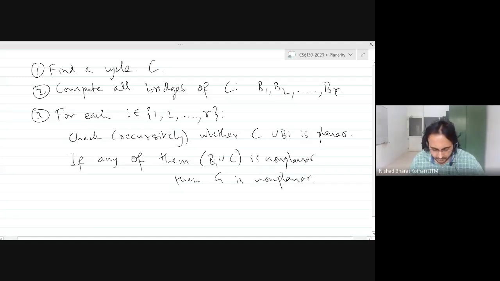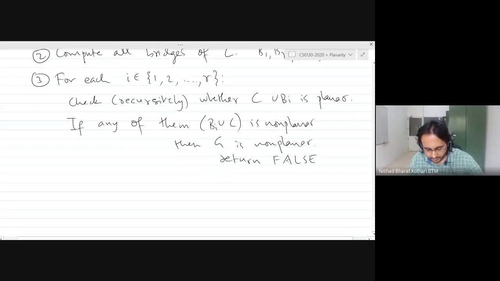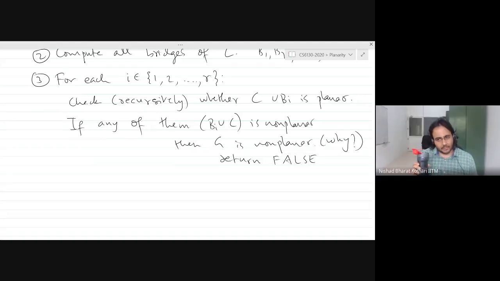Why is this true? Because this is a subgraph of the entire graph. Exactly. If any subgraph is non-planar, then the whole graph is non-planar, right? We have already discussed this observation in the last 1 or 2 lectures. And it's quite clear actually.